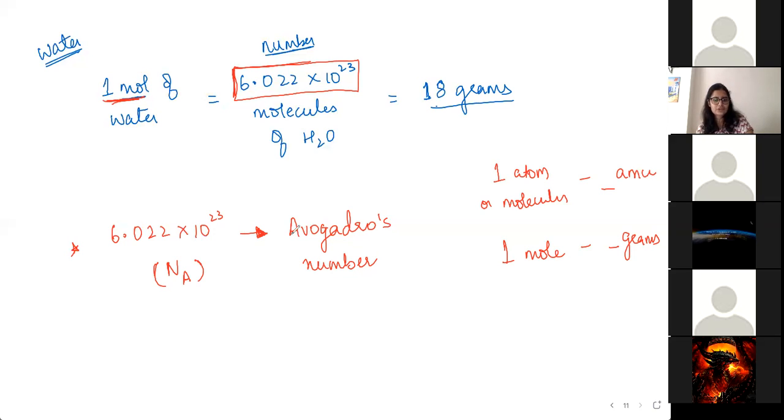So this number is called Avogadro's number. You'll also see it represented as Na. It will not always be written as 6.022 into 10 power 23. Sometimes it's also written as Na. So if you find it written as Na, you have to automatically think Avogadro's number, so its value is 6.022 into 10 power 23.